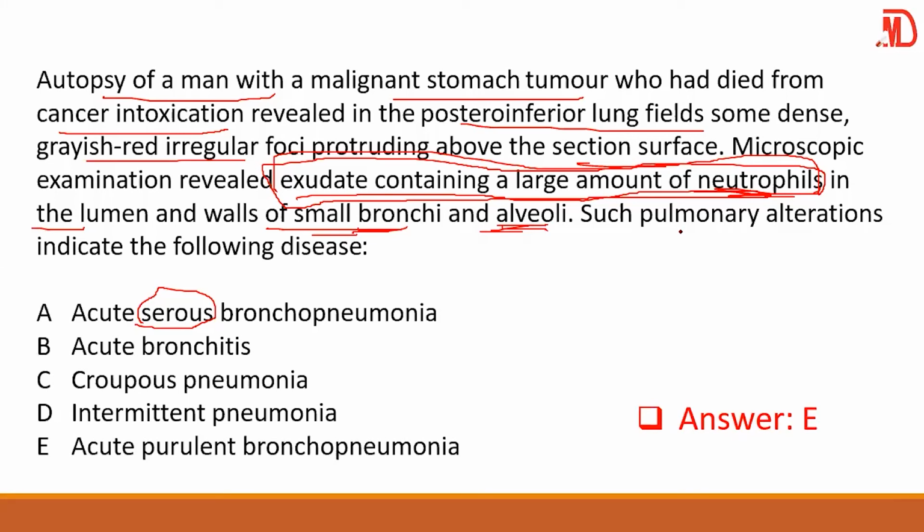Please take note. And I didn't easily go for just croupous pneumonia because we're thinking of the bronchi and then the alveoli. Now, in the other ones, you are just thinking of either just the alveoli or the bronchi. But this is both the bronchi and then the alveoli. So your answer is E.